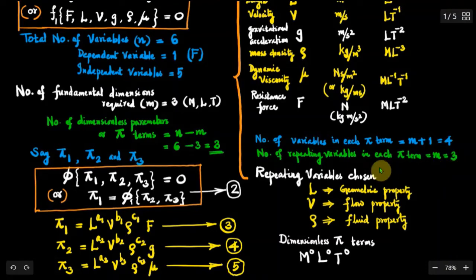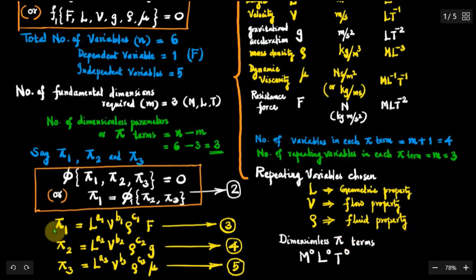And the total number of variables in each pi term will be m plus 1. That means m plus 1, 3 plus 1, 4, out of which 3 will be repeating. So in order to get the repeating variables, the general thumb rule is one must be a geometric property, the other one a flow property, and the third one a fluid property.